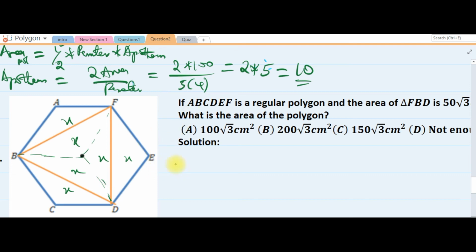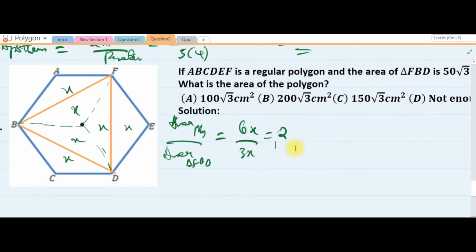So what you have, you know that the ratio of the area of the polygon to the area of triangle FBD is equal to, the area of the polygon is 6x over the area of FBD, which is 3x. So the answer is 2.